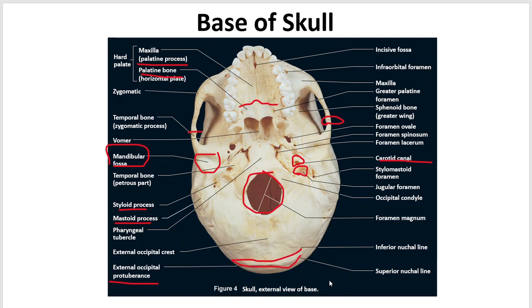It's like a ridge line. The occipital condyles, they're right there, guys. They're raised up, kind of like that, on the other side of the foramen magnum.